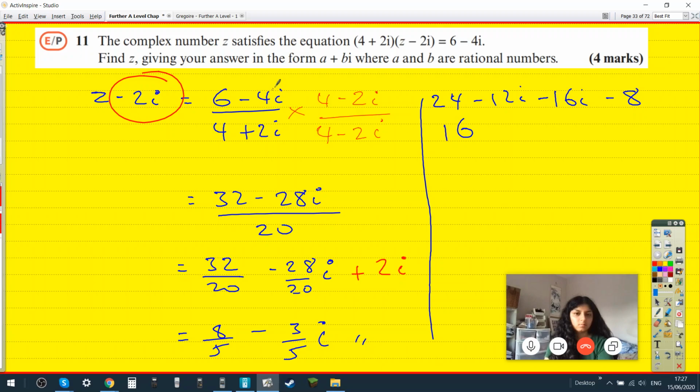Isn't it 8i squared? It's minus 8i squared. Because it's 6 minus 4i times 4 minus 2i. What's a minus times a minus? It's a plus. Oh, okay. That's where it's wrong. Minus 8i squared. Yeah, it should be. Okay.